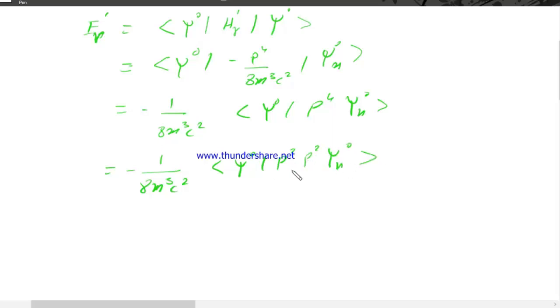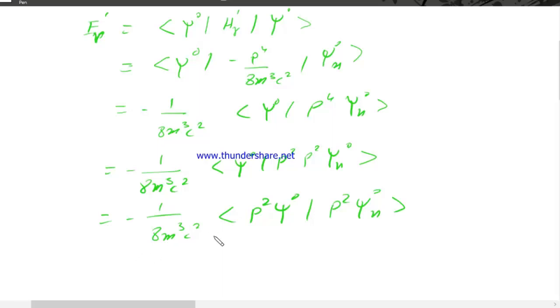Now p square is a Hermitian operator, so this can be written as p square psi naught, p square psi naught.